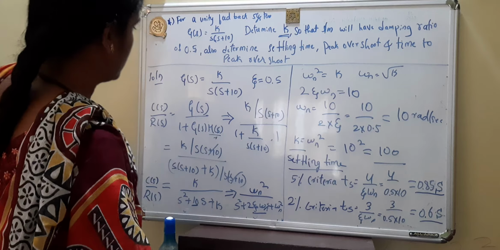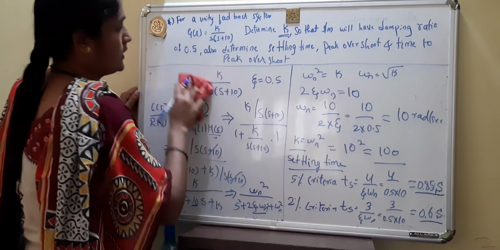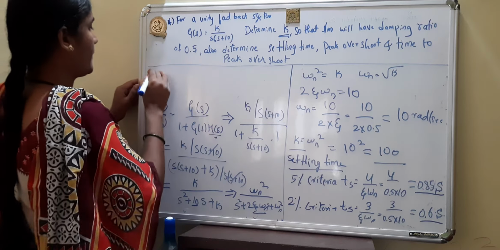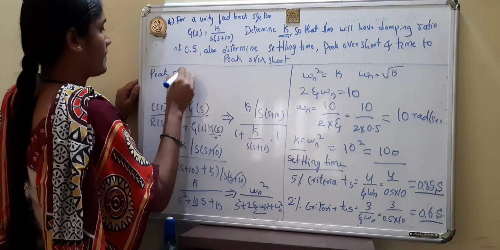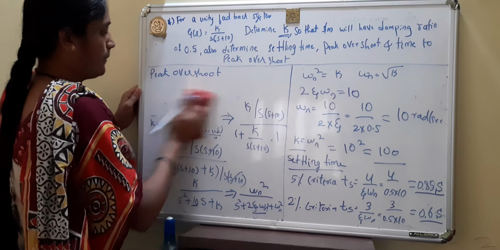Peak overshoot. What did they ask? Peak overshoot. How do we express peak overshoot? That is Mp.